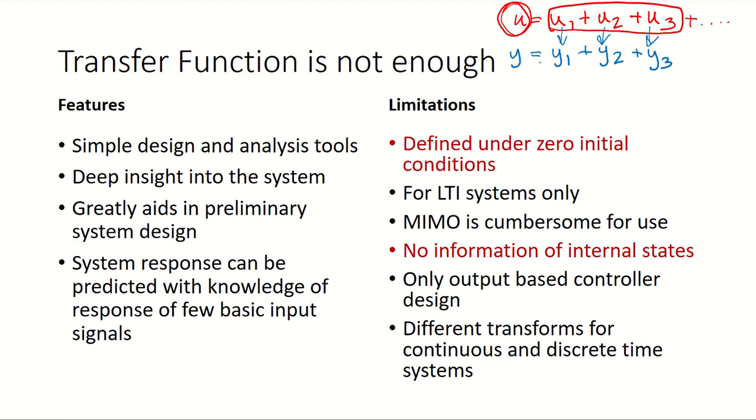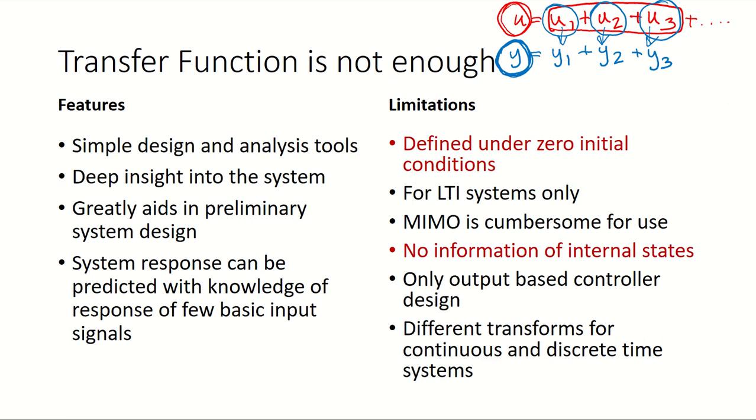That enables us to only keep in our repository the knowledge of the response of a few basic input signals, and with the help of that we can construct the system response of any linear system. So that is a very powerful thing to have with us.